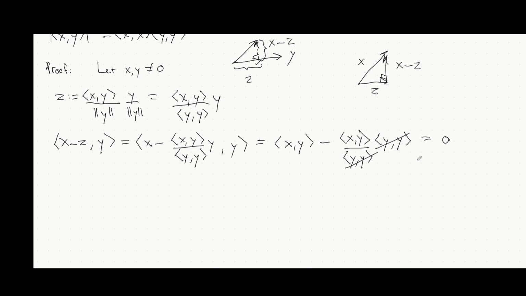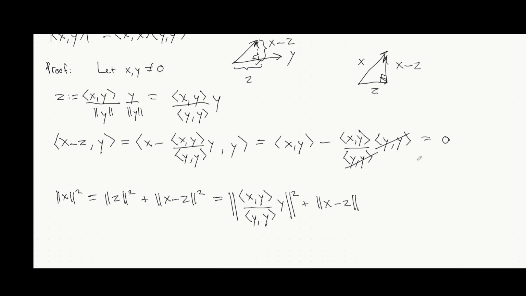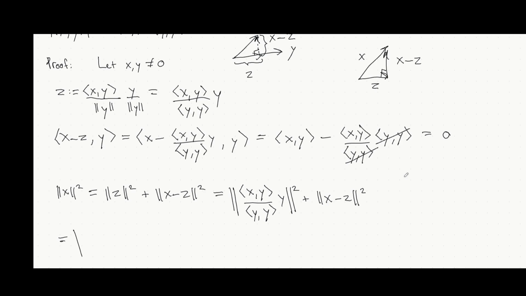So then we can use the Pythagorean theorem, which says that the norm of x squared must be equal to the norm of z squared plus the norm of x minus z squared, which is... we can pull out the modulus of this, because this is just a number, and then we have the norm of y squared, and then we have the norm of x minus z squared.